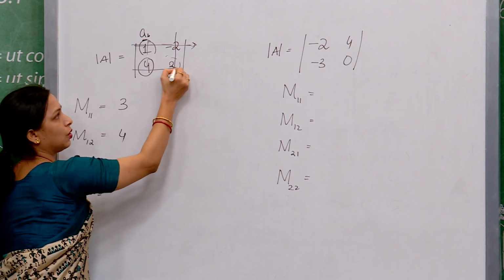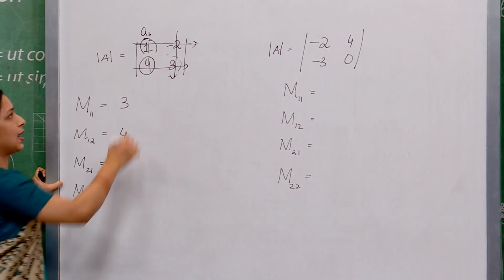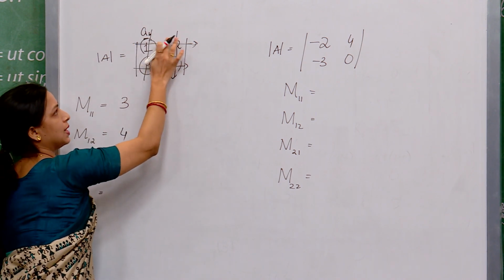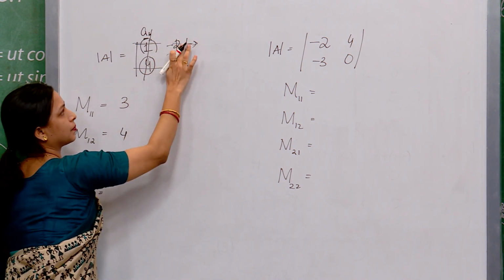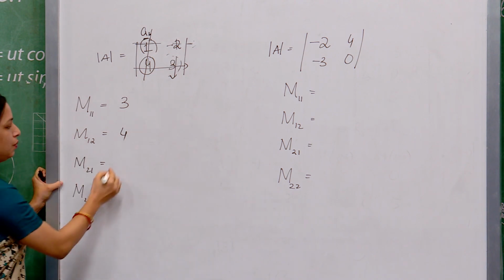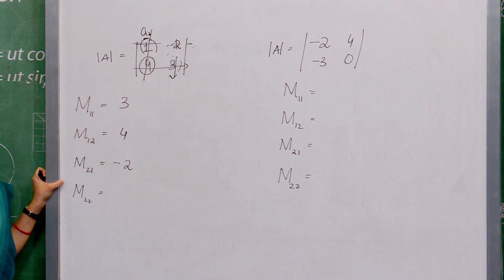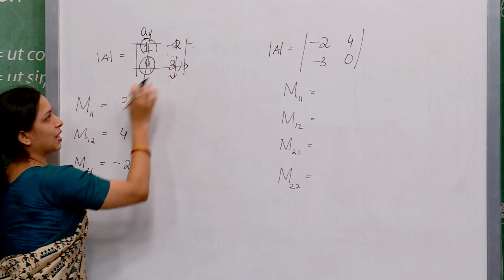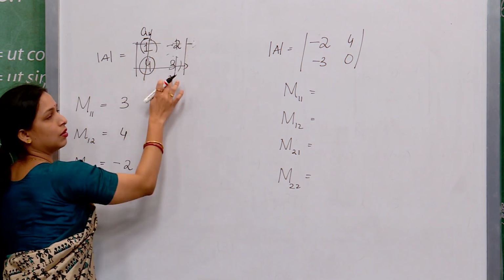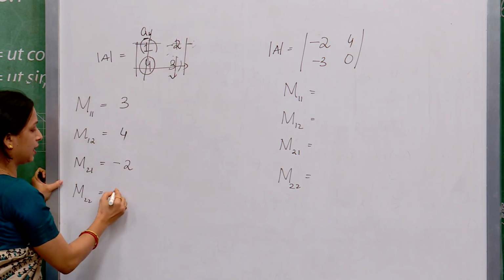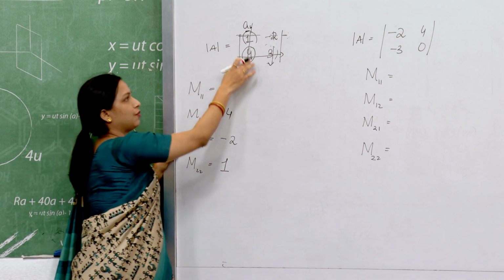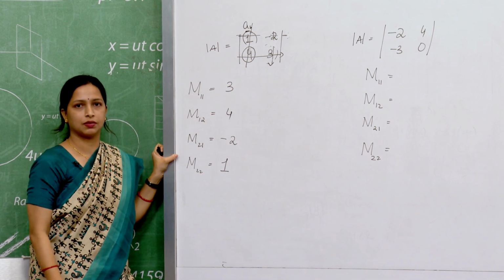Now, I delete the row in which 4 exists and the column. So, the resultant is -2. I write -2. Similarly, last one, 3. So, 3 row and column. The resultant is 1. So, there are 4 elements, there are 4 minors, right.